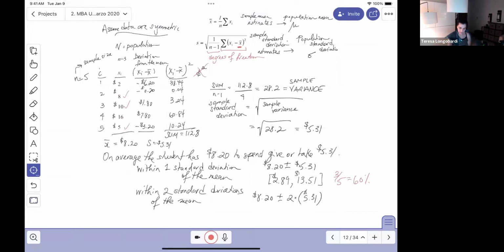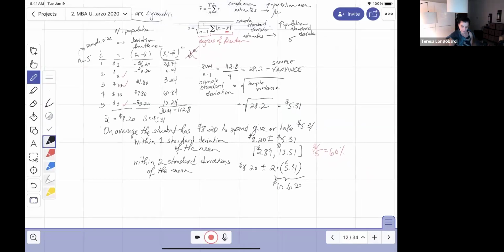So this ends up being $10.62. So I'm going to add and subtract 10.62 from 8.20. This is actually going to be negative, which there are no negatives, but anyway, we're going to just make the calculation.